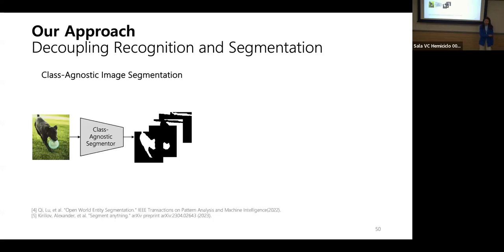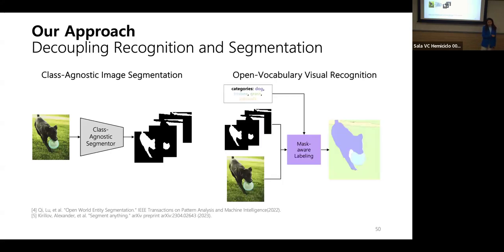So we have two objectives for our approach. The first one was decoupling recognition from segmentation. As I mentioned before, there are some models that can produce high quality segments, but these are class agnostic, like SAM and SEEM. So we decided that we can do the same for recognition, and ignore the part of segmentation.